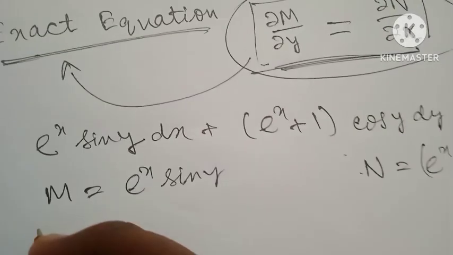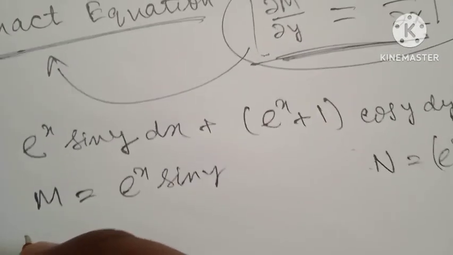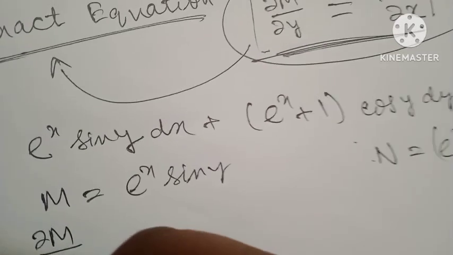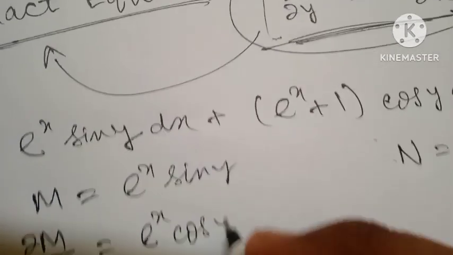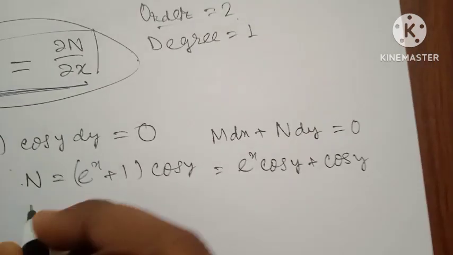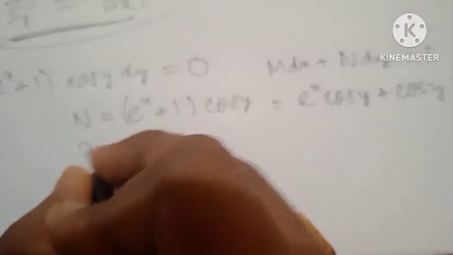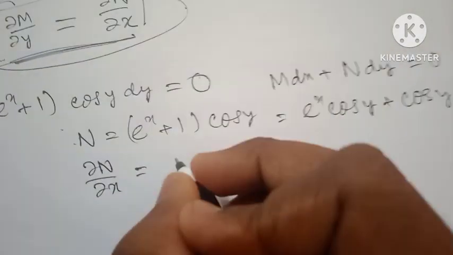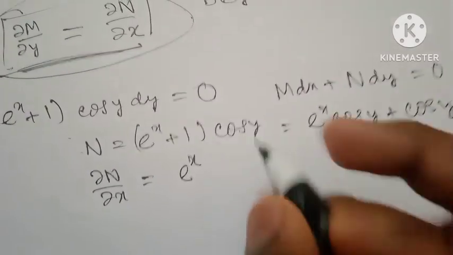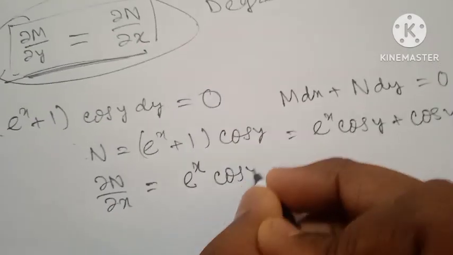Now if we do the partial differentiation of M with respect to y, that is delta M by delta y, we will have e to the power x cos y, and if we do partial differentiation of N with respect to x, that is delta N by delta x, we will have e to the power x cos y.